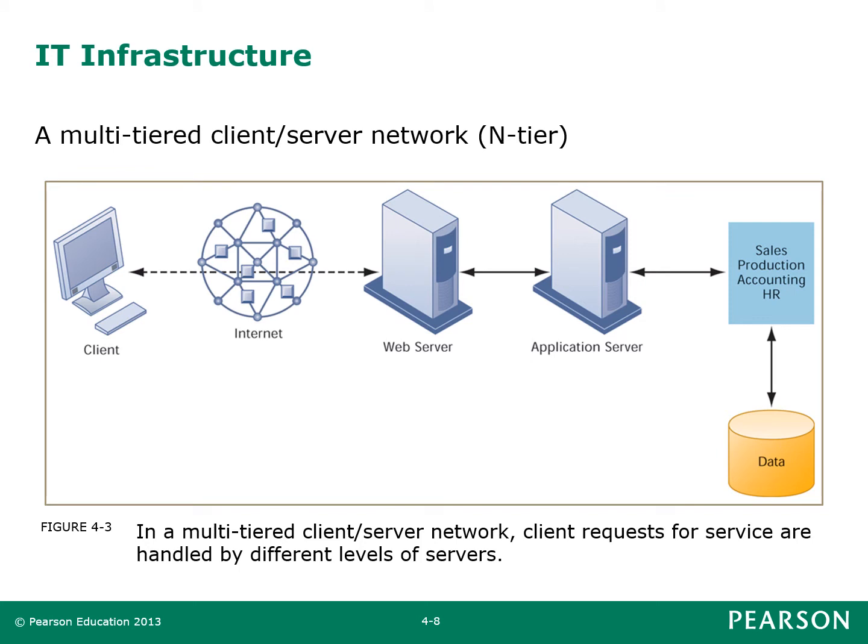This figure illustrates multi-tiered client-server networks. Client requests for service are handled by different levels of servers, so we see here different kinds of computers. The client is a desktop, a simple computer.